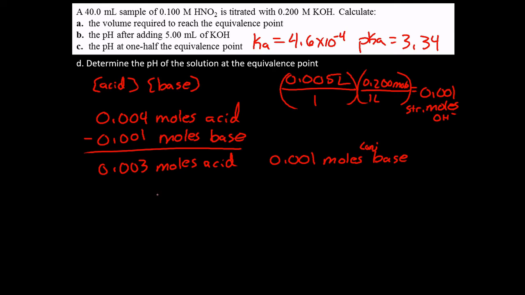Right. So then, the pH of my solution is going to be 3.34 plus the log of the base over the acid. So 3.34 plus the log of 0.001 divided by 0.003, which is 2.86.